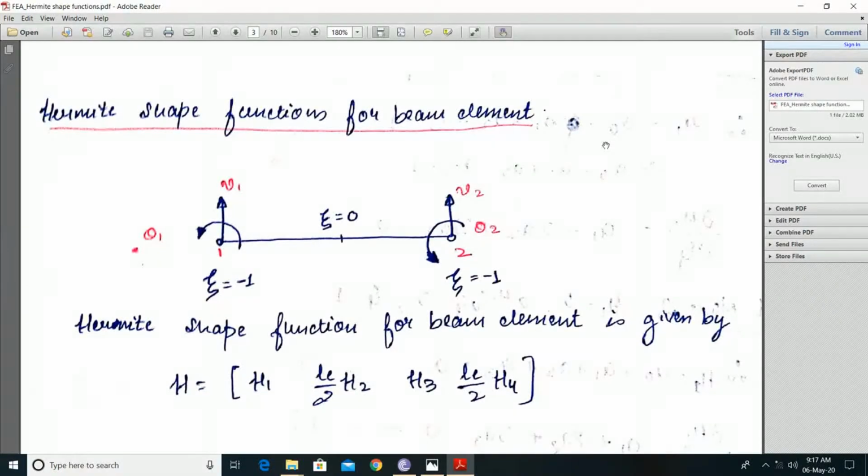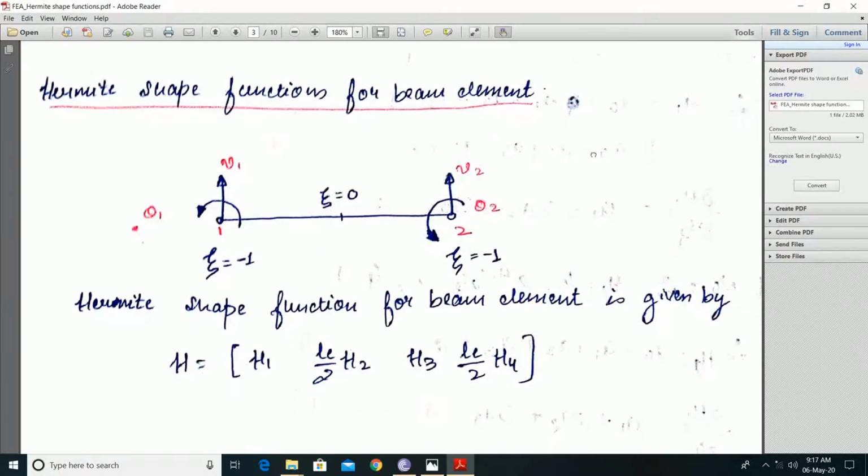In order to derive, first let us consider a beam element having two nodes 1 and 2, each node having 2 degrees of freedom as shown here. So v1 is the transverse displacement at node 1 and theta 1 is its slope at node 1, and v2 is the transverse displacement at node 2 and theta 2 its slope.